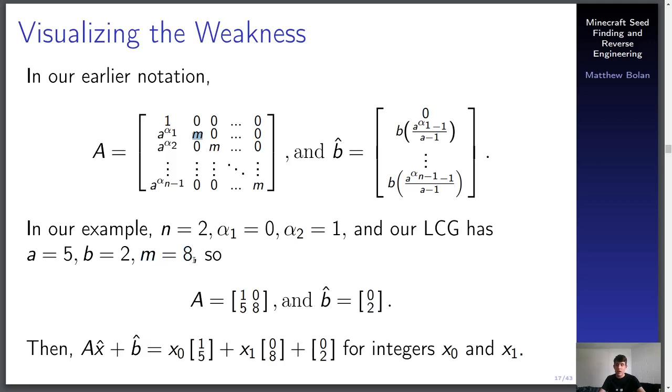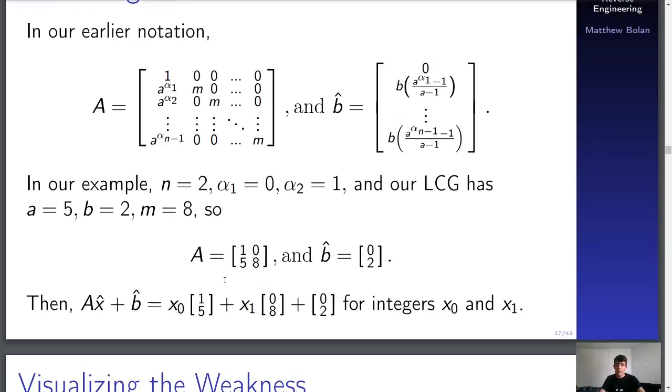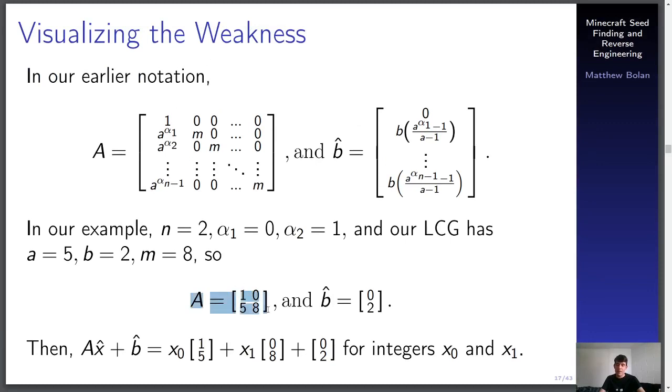And so if we plug in M is 8, n is 2, we get A is this matrix, which is much smaller and more approachable than this massive general form. And B hat is this thing, which also looks very approachable, right?